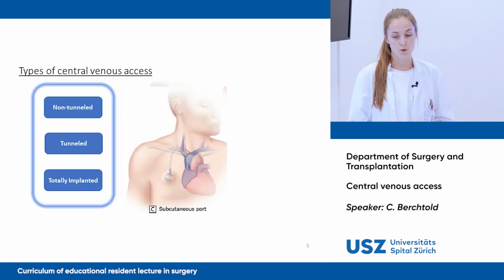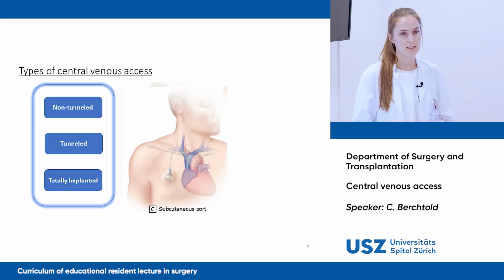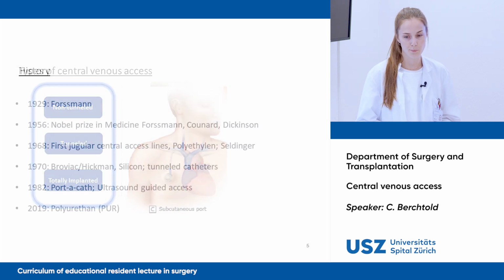Totally implanted devices or ports are the ones where the catheter links the venous cannulation site with the port, which is located in a pouch. The pouch is most commonly situated in the chest of an adult patient, but it may also be located in the upper extremity, the abdominal wall, or even the lower extremity if necessary.